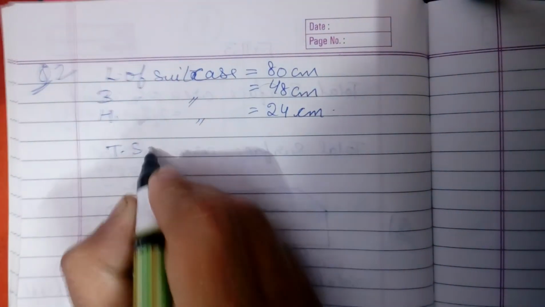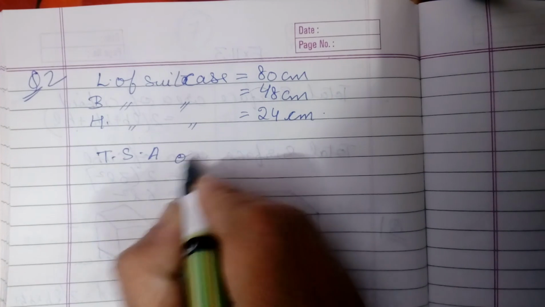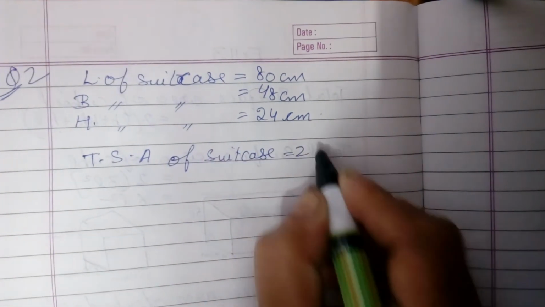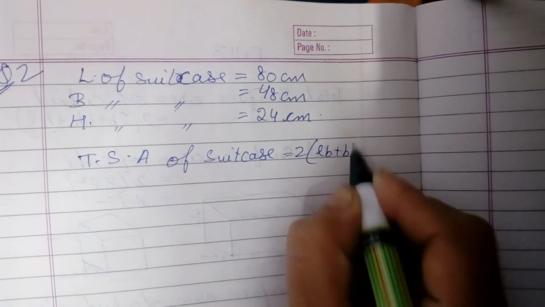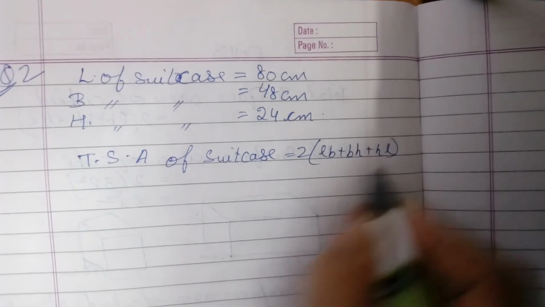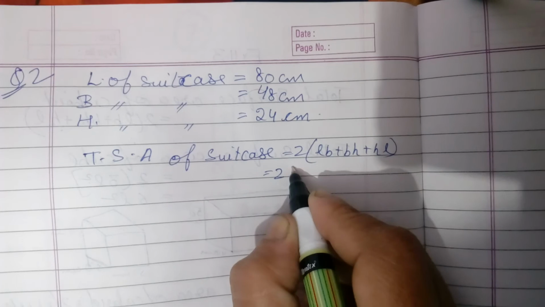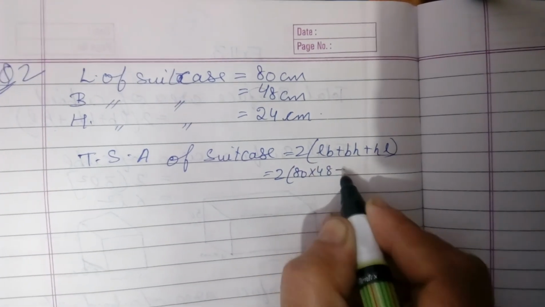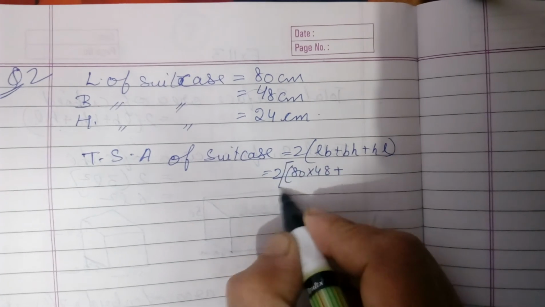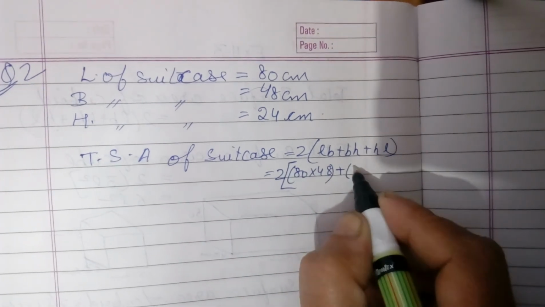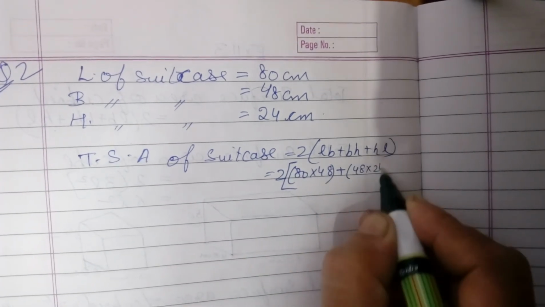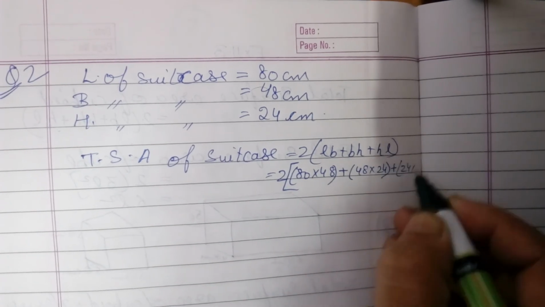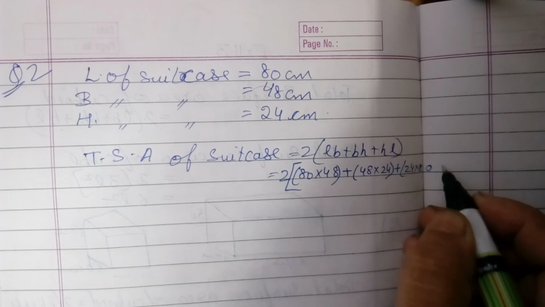Now total TSA means total surface area of suitcase, you know, 2 (length, breadth, height, length). Okay, so on writing the measurements, 80 into 48 plus, you may put brackets also, 48, this means first you will multiply then add, plus 24 into 80.